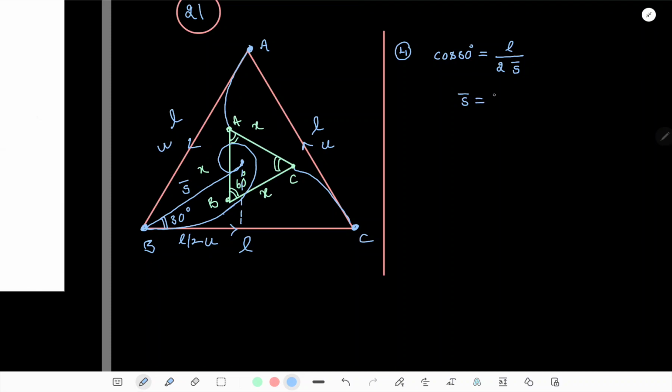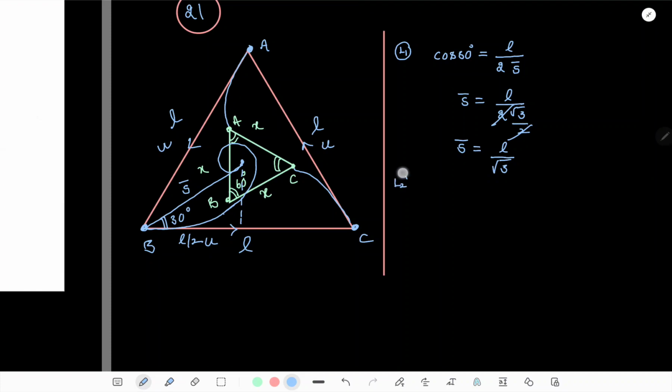Therefore S bar is equal to L by 2 cos 30. Cos 30 can be written as root 3 by 2, so this 2 gets cancelled. Therefore displacement S bar is equal to L by root 3. So that's logic number 1.